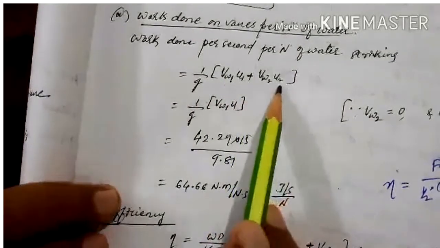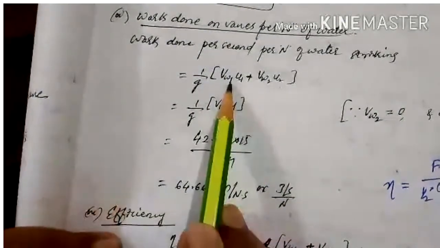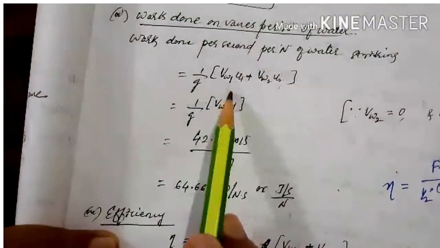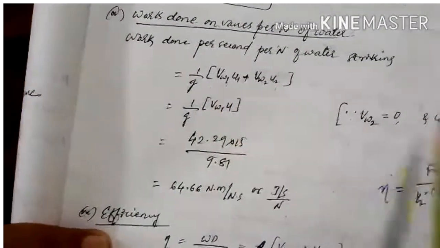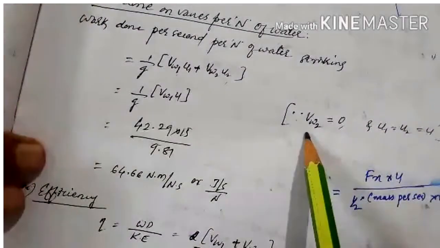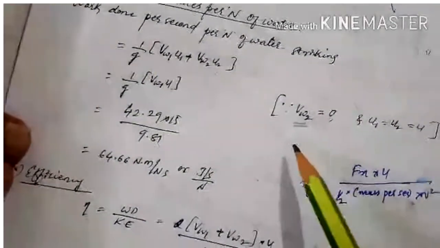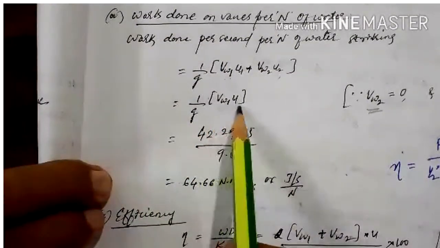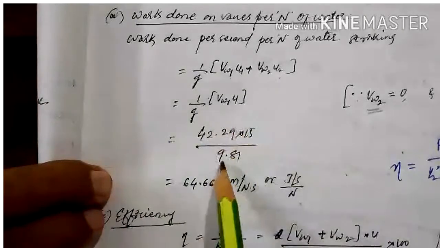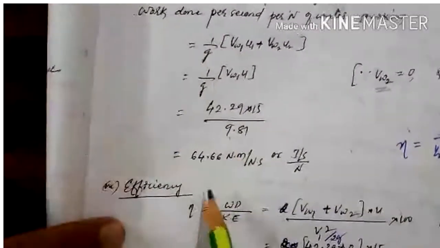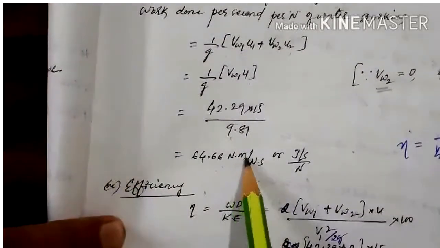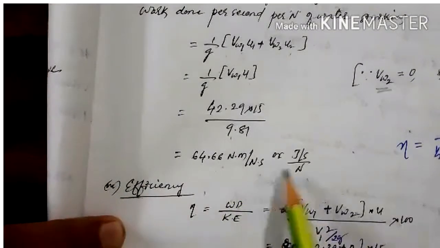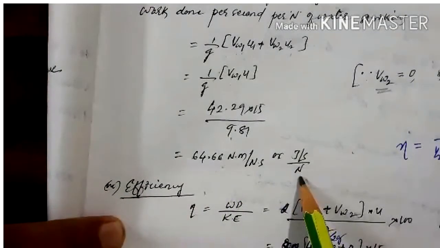But U1 equal to U2 and also whirl velocity at outlet will be 0, because the jet is leaving by making an angle of 90 degree, the whirl becomes 0 there, and U1 equal to U2 equal to U. Then finally we get 1 by g VW1 into U. Then substitute here, you will get 64.66 Newton meter per Newton second, or joule per second per Newton.